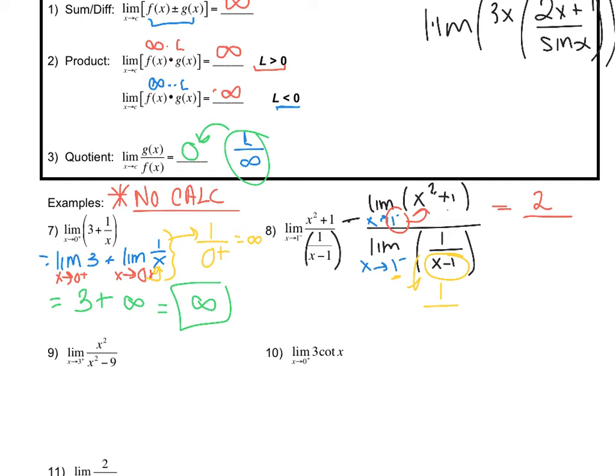So this is where I'll draw the number line if that helps. Here's 1, and we are approaching 1 from the left. When we subtract 1, you end up approaching 0 from the left. So what you have is 1 divided by a very small negative number, infinitely small, 0.0000.